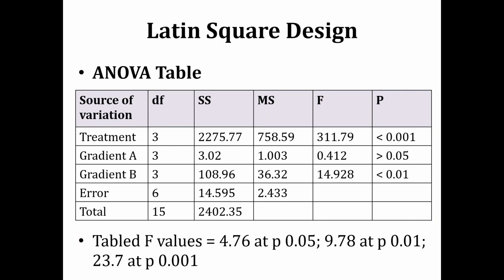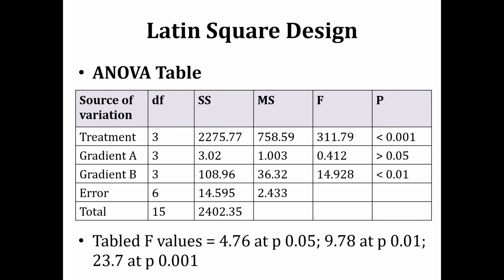So we can see that our calculated F value of 311.79 is greater than the critical value of 4.76 as well as the critical value of 9.78 and the critical value of 23.7 at probability of 0.001. So our probability is less than 0.001, and this means a very highly significant result. So very highly significant effect of treatments on the response variable.